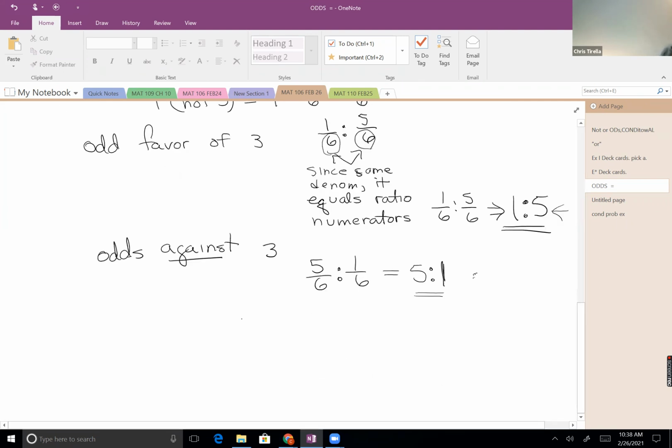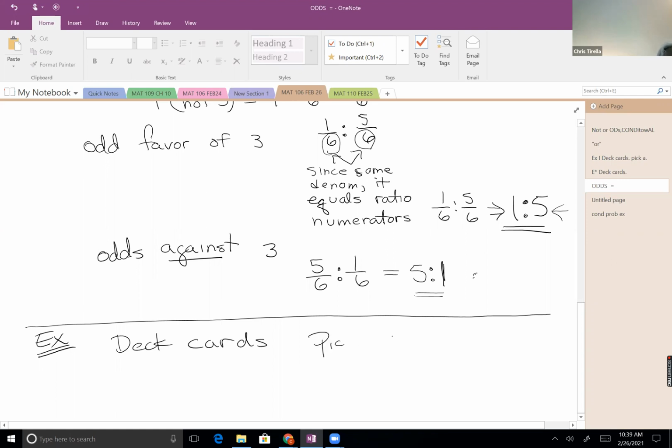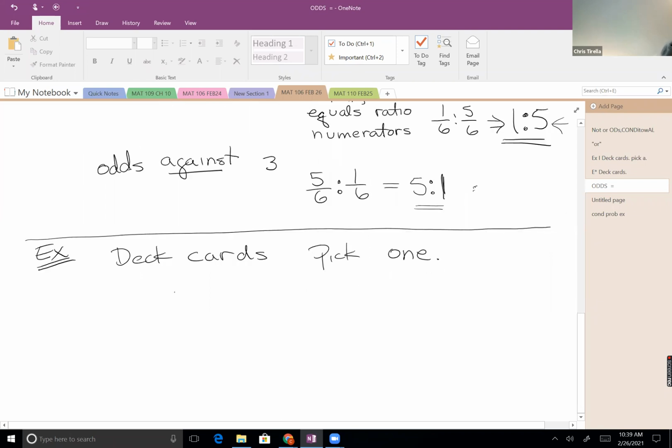So let's look at another example. Let's go back to our deck of cards. Let's find the odds in favor of getting a face card.